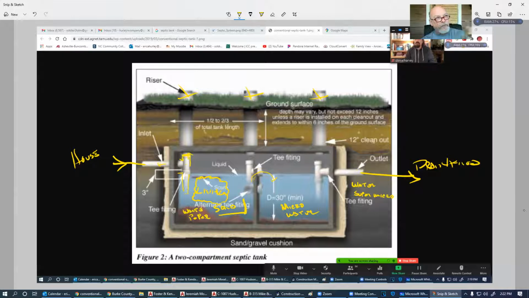It serves a house with one person in it. But this person throws cigarette butts in it. He puts his bleach in it. He puts his Drano in it. He puts all of these terrible chemicals in it. And there's nothing living in here. He's killed off everything. Then nothing's going to happen to this poop.